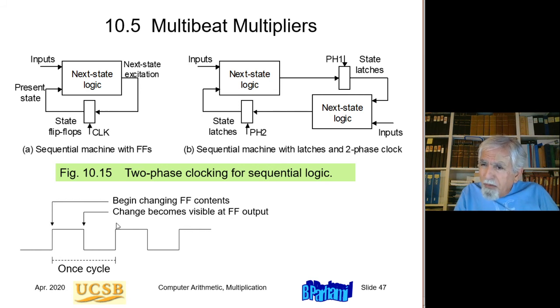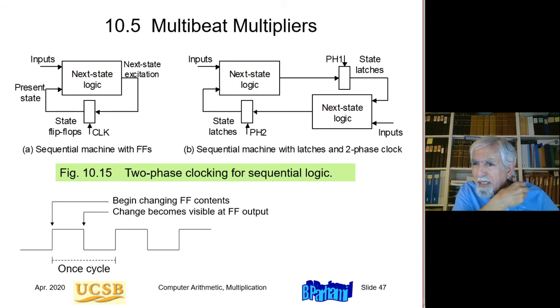in doing nothing. So this design here, by duplicating the next state logic and duplicating the state flip-flops, we use latches now instead of flip-flops, allows us to operate twice as fast. So inputs come in, the next state is computed, the next state goes and changes these latches, in phase 1.